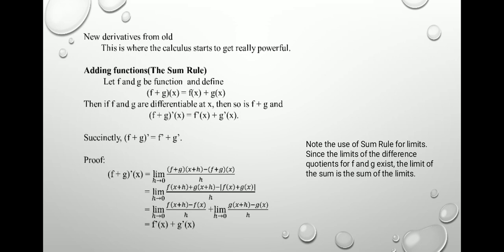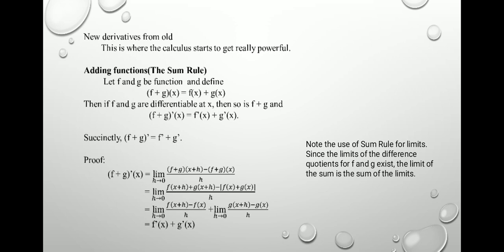Then, if f and g are differentiable at x, then so is f plus g, and (f plus g) prime of x is equal to f prime of x plus g prime of x. Succinctly, (f plus g) prime is f prime plus g prime.